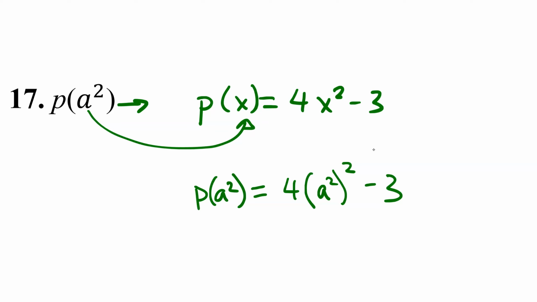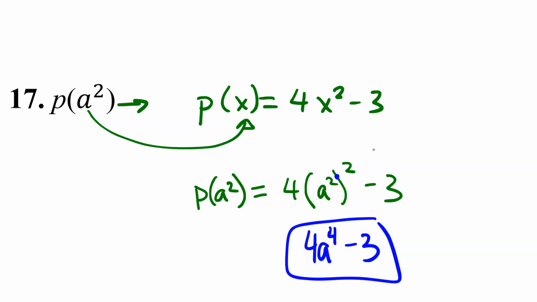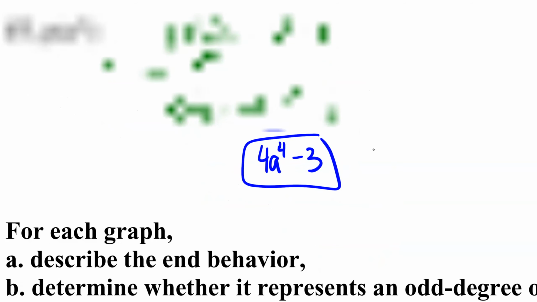I had a question about that. What'd you say? a to the power 4? Yeah. Because an exponent to an exponent you multiply. So this is just 4a to the 4th minus 3.